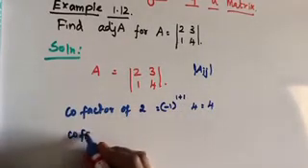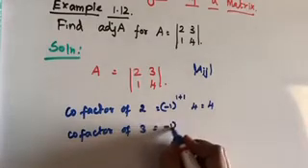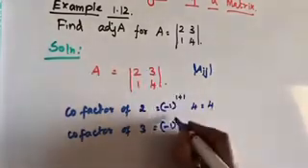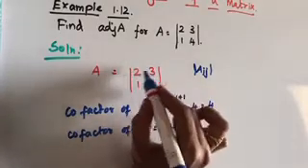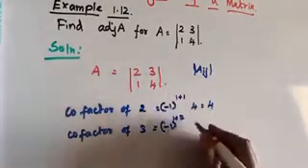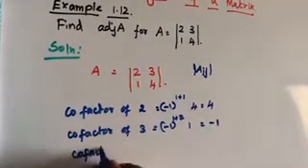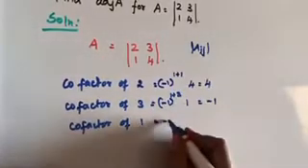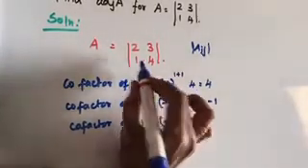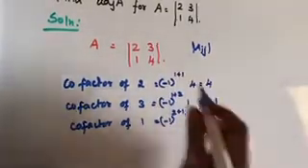Similarly, cofactor of 3, minus 1 power, first row second column, so 1 plus 2. If I leave that row and column, the remaining term is 1. So it is minus 1. Cofactor of 1 is equal to minus 1 power, second row first column, so 2 plus 1, into 3. 3 is the minor.